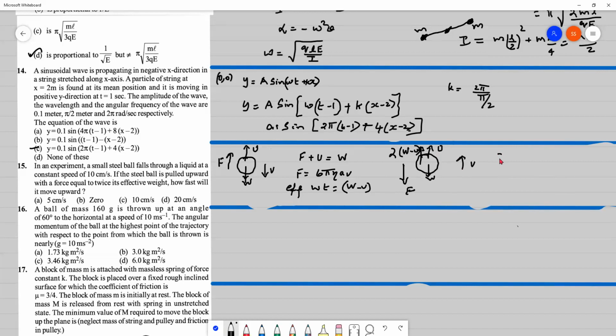So this is 2 times W minus U plus U minus W minus F is equal to 0. 2W minus W will be W, minus 2U plus U is minus U, equal to F. So here also F is equal to W minus U. So F is equal to 6 pi eta AV.